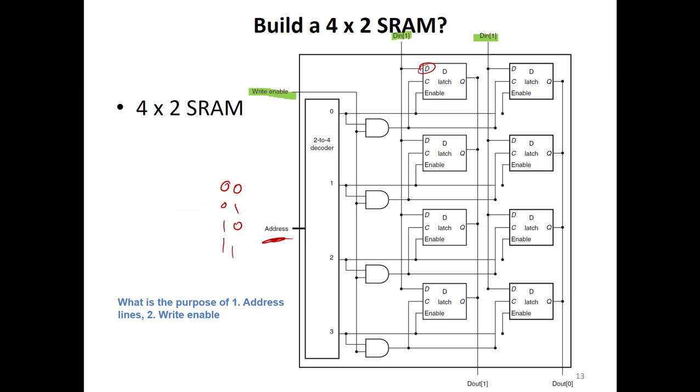So let's think about this, let's say that we put a 0 0 into our quote-unquote address lines. So everybody else will output zeros. If you put in 0 0, only one of these will be 1. All of these AND gates will have zeros at the output, and only one of the AND gates, the very top one, will have a 1.